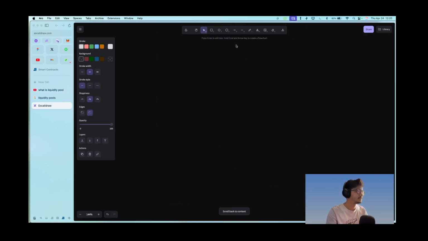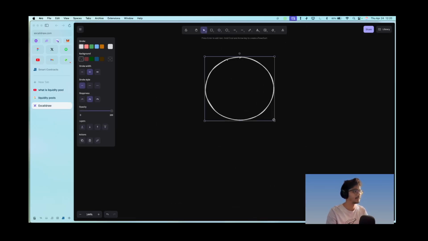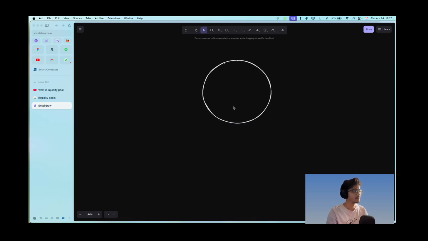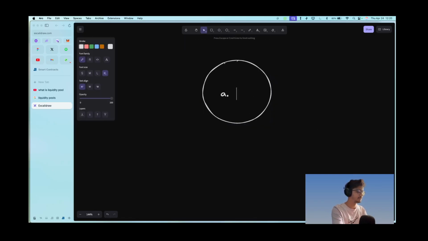So imagine this mixer, okay, where you can deposit either token A or you can deposit token B, right?